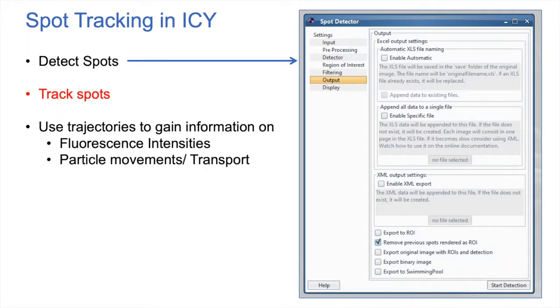And then the most important thing after the detector, I'm just jumping straight into the output. Okay, so before you start your spot detection, you want to go to this output. So the first version of the software, when we started using it, had this enable automatic, enable specific option. What they were doing was basically, as good microscopy and good image analysis should do, saving every step they were performing on the spot detection.